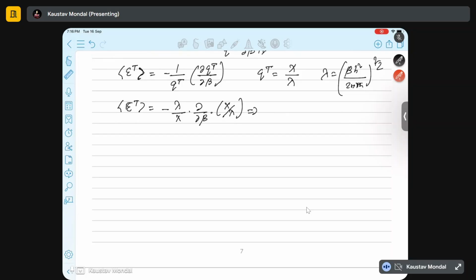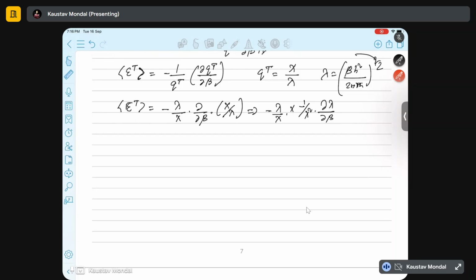Lambda is a function of beta, right? So you can take lambda by x outside, and x also comes outside. If you do the derivative of 1 by lambda with respect to beta, it first gives you minus 1 by lambda square into del lambda by del beta, since lambda is a function of beta.